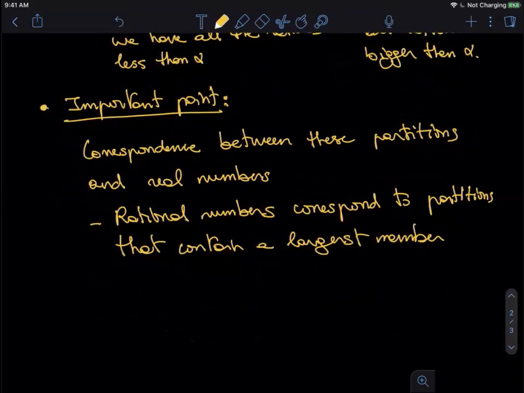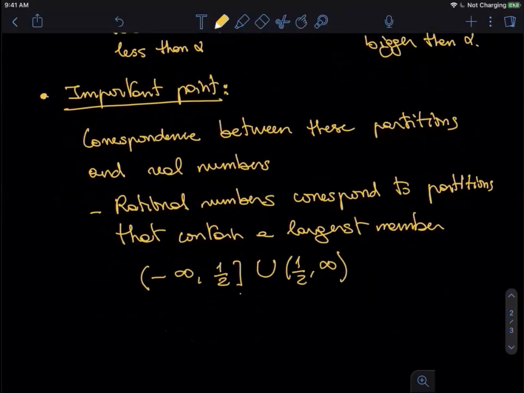Okay, let's say we partition in negative infinity to 1/2, and then 1/2 all the way. Okay, so you see that here 1/2 is included in the cut. You can leave it on the left or on the right. Usually you leave it on the left, but it's included in one of the two sides.